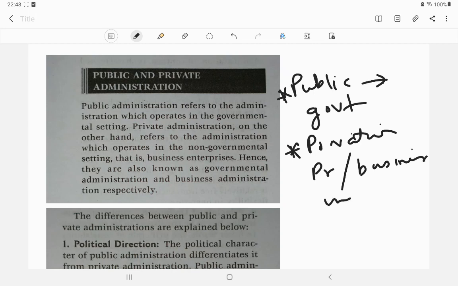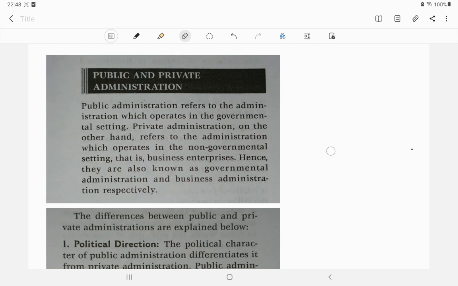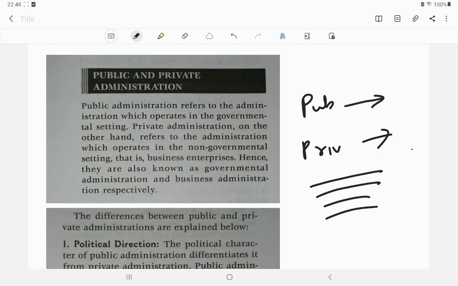For 2 marks, no need to write or explain much for answer writing, and also you will not get much time to explain. So itu simple ba duita line de public administration do ki ase and private administration ki ase, explain kro in just 4 lines. That will fetch you 2 marks.